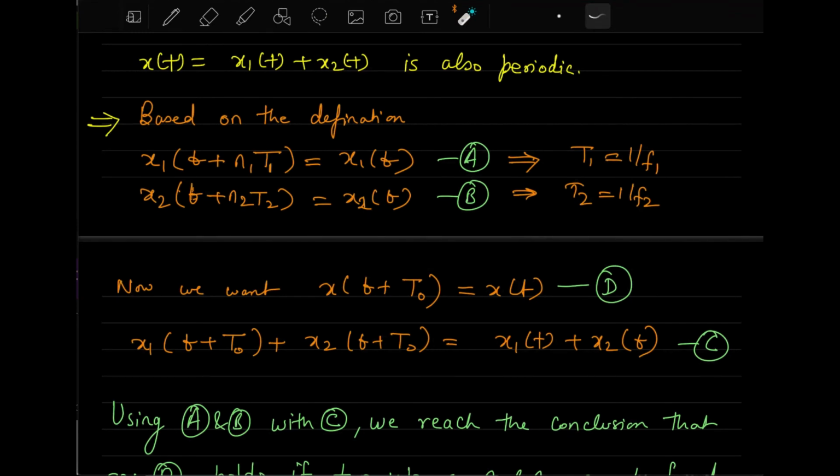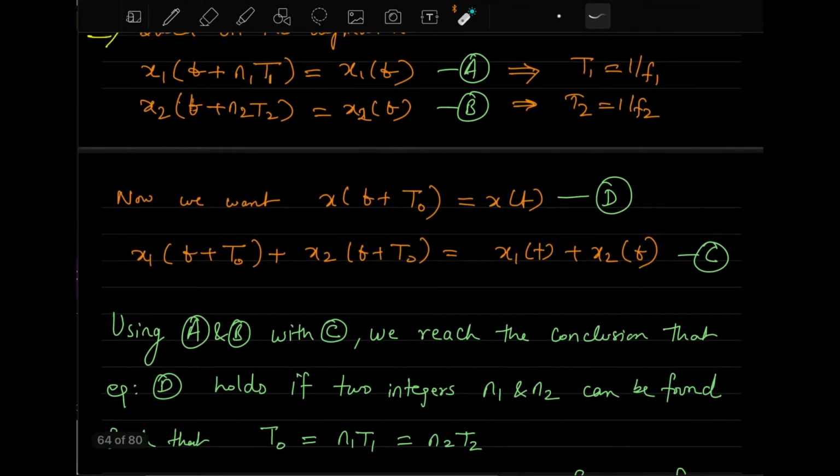So you can write x(t) as the original signal which we had earlier, and replacing t by t plus T0 for x(t), in the summation you get this. If you want to prove the periodicity, you can use a and b, with c, to reach the conclusion for d.